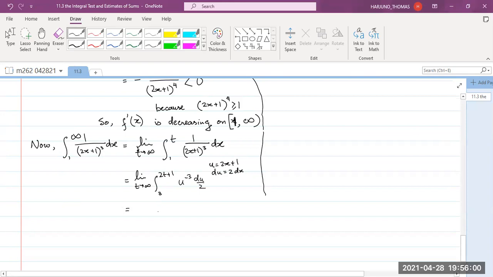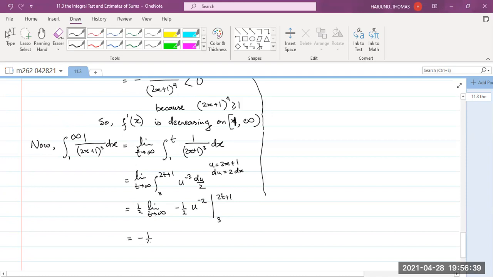Okay, and then you integrate this. This is 1/2 times the limit as t goes to infinity of negative 1/2 u to the power of negative 4. Hold on. What am I doing? Negative 1. No, negative 2, not negative 4. From 3 to 2t plus 1.